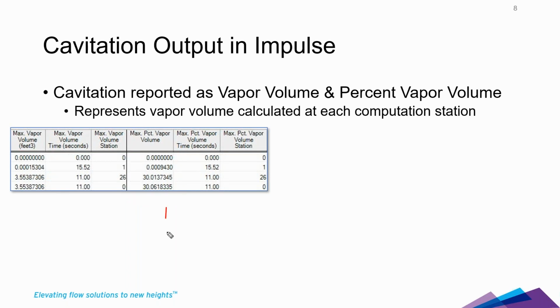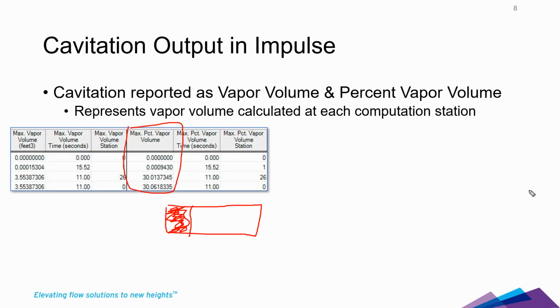So if you have a given pipe section that is this big, this column is telling you the percentage of that section volume that has grown to become vapor. So 30% right here would be vapor volume.